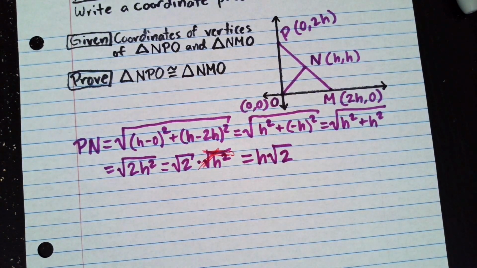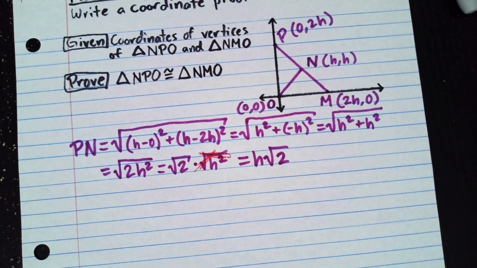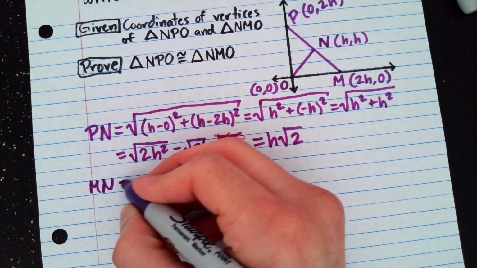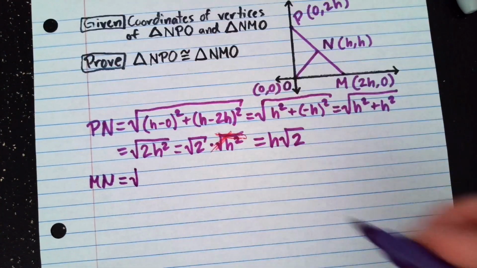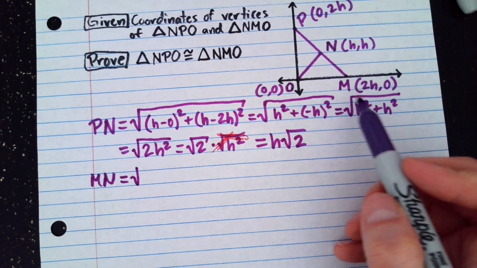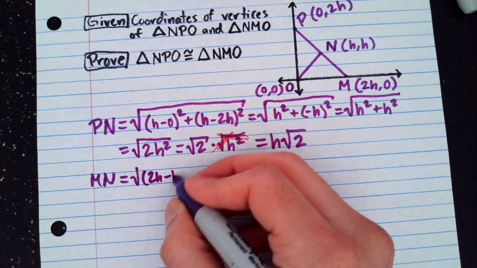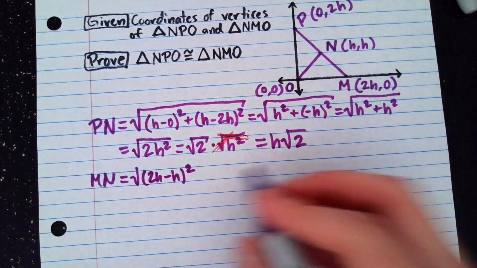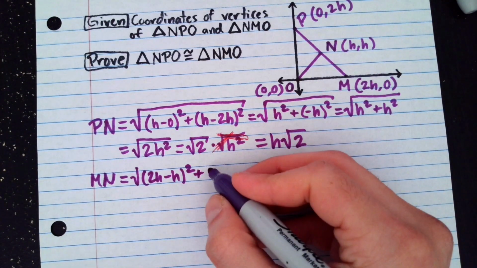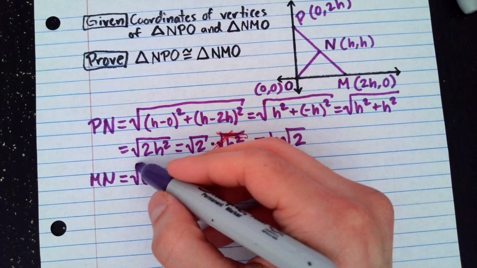I'm going to try and find the distance for MN and see if it measures the same distance. So if I do MN, I'm going to use the same formula. So this is the square root of, and so MN is going to be x2 minus x1, so we have 2h minus h to the second power plus y2 minus y1, which is 0 minus h to the second power.